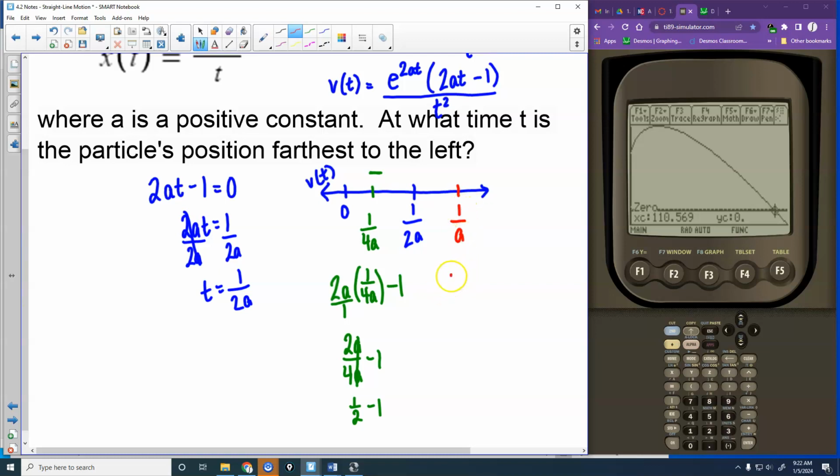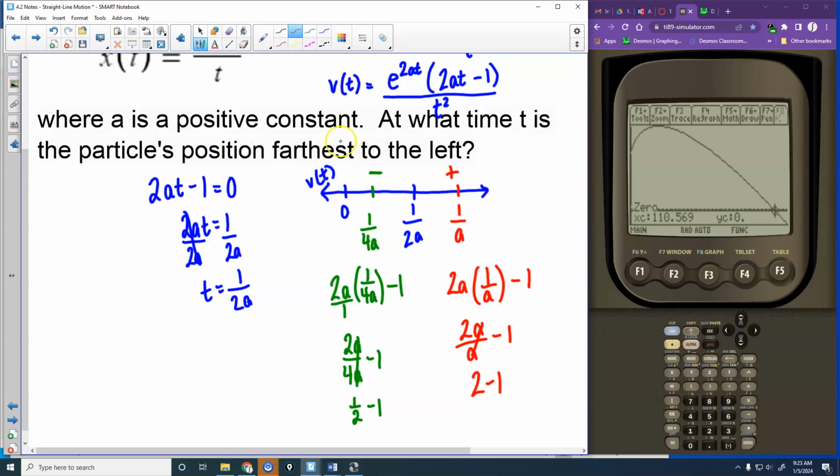So if I plug that in, 2a times 1 over a minus 1, I would have 2a over a minus 1. A's cancel, 2 minus 1. You get a positive over here. And if my velocity is negative, what direction is my particle moving? And for positive, it would be moving right.